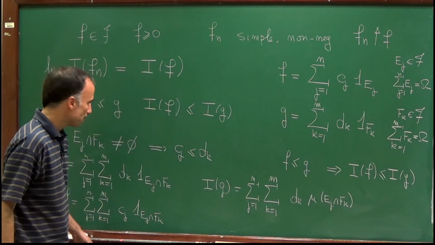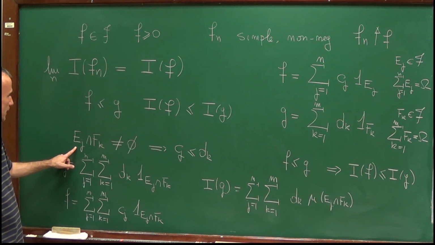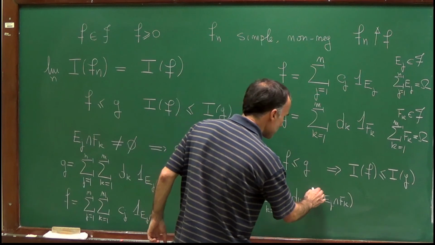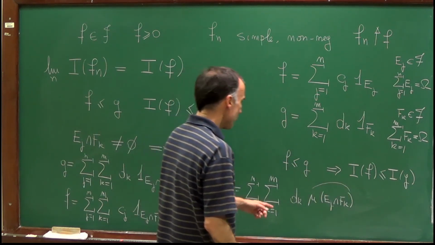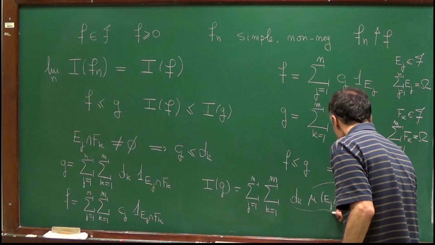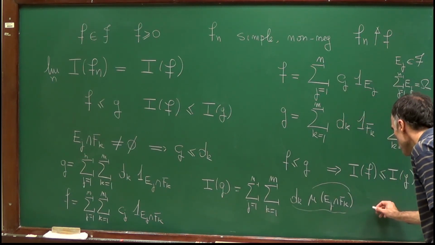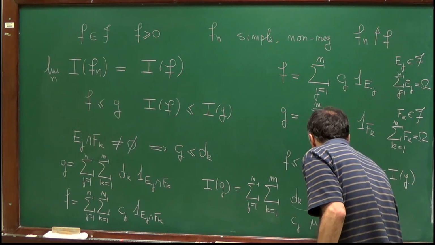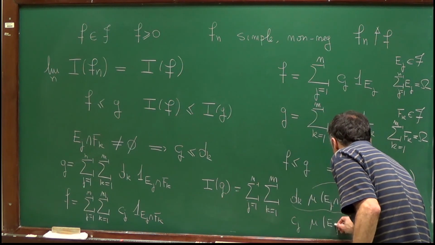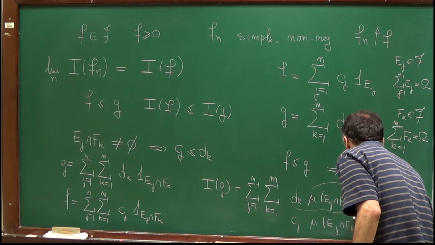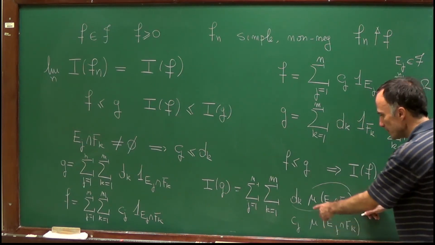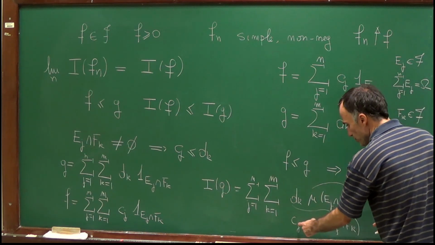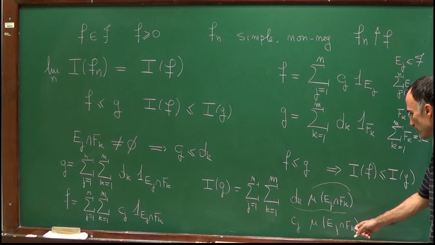Now at this point, if Ej intersection Fk is the empty set, this measure is equal to 0, and this expression is equal to 0, so it's also equal to Cj mu of Ej intersection Fk. Right? So my claim is that dk times the measure of Ej intersection Fk is equal to cj times the measure of Ej intersection Fk.